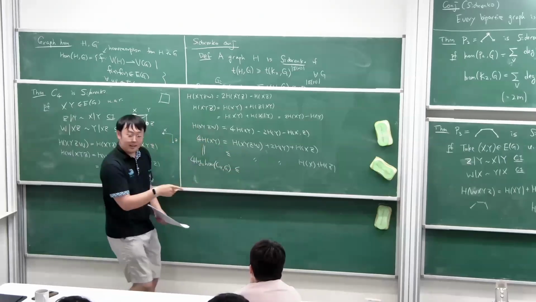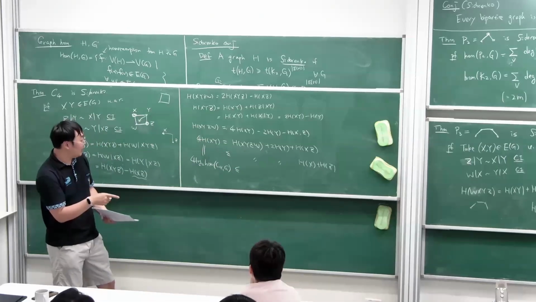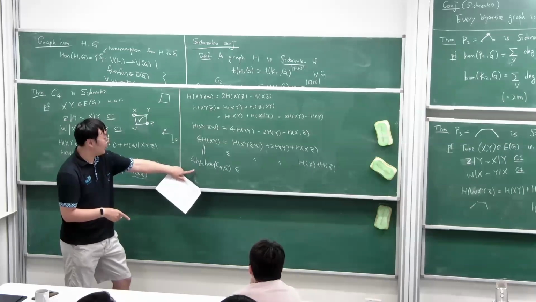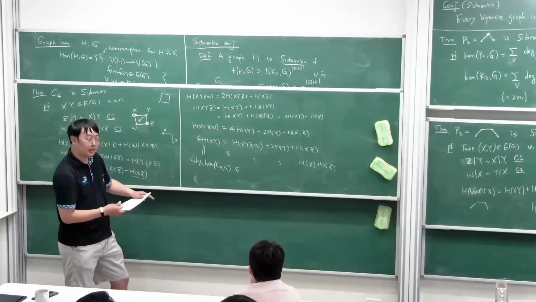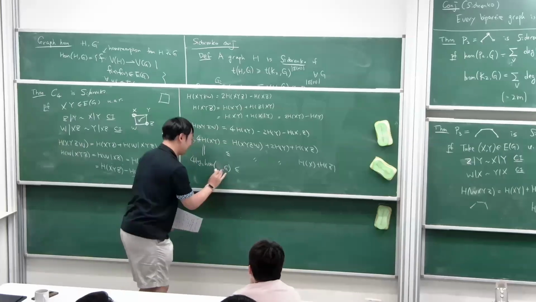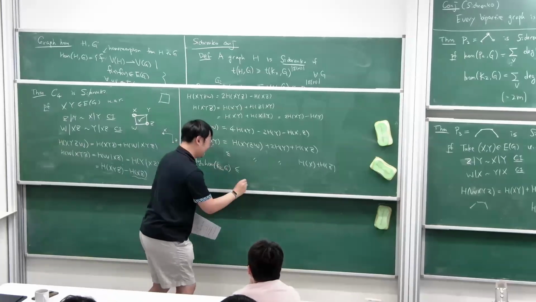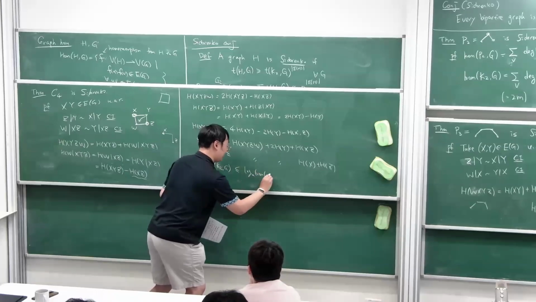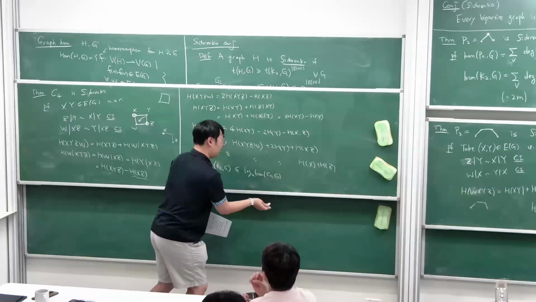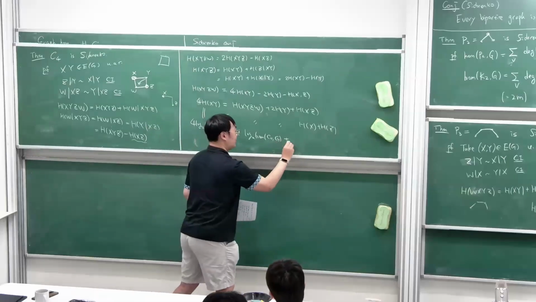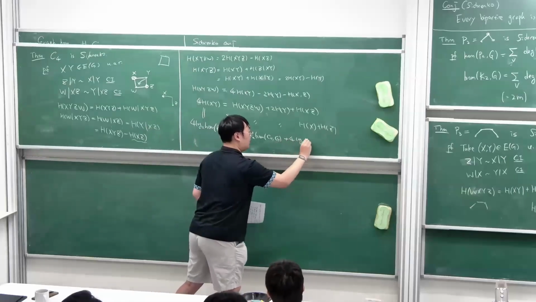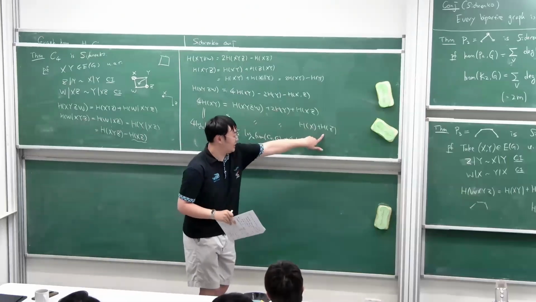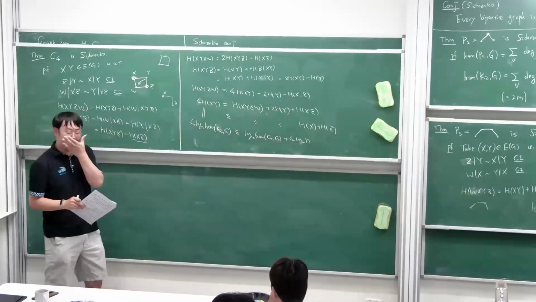Oh, sorry, that should be edge density. This one? Left-hand side should be edge K2. Oh, thank you. It's K2. And this should be C4. So this copy, this copy, this copy, this copy, each of them give you the log n.